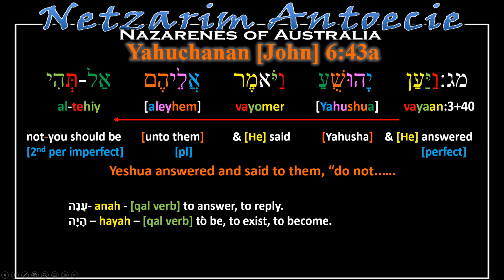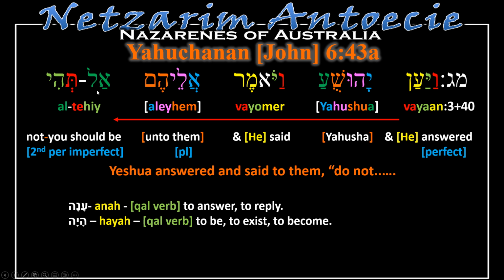It's a lamed-he verb, it means to answer, to reply. And then we have who is answering, Yahushua, Vayomer, and he said, alehem, unto them. And of course the hem is plural.